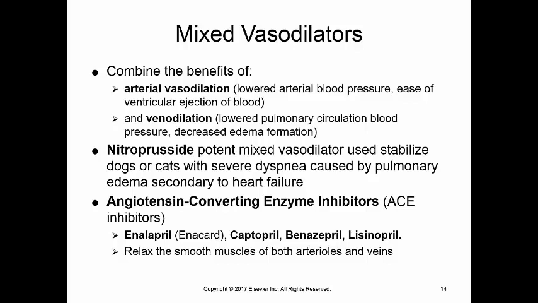For long-term maintenance of animals, we use a lot of what we call ACE inhibitors. So these are going to be angiotensin converting enzyme inhibitors. If you remember, renin is made in the kidneys in response to low blood pressure. Renin travels to the liver where it's going to be converted to angiotensin 1, and then angiotensin 1 is converted to angiotensin 2, and the liver releases angiotensin 2, which goes out to all the different blood vessels in the body and actually causes both arterial and venous constriction.